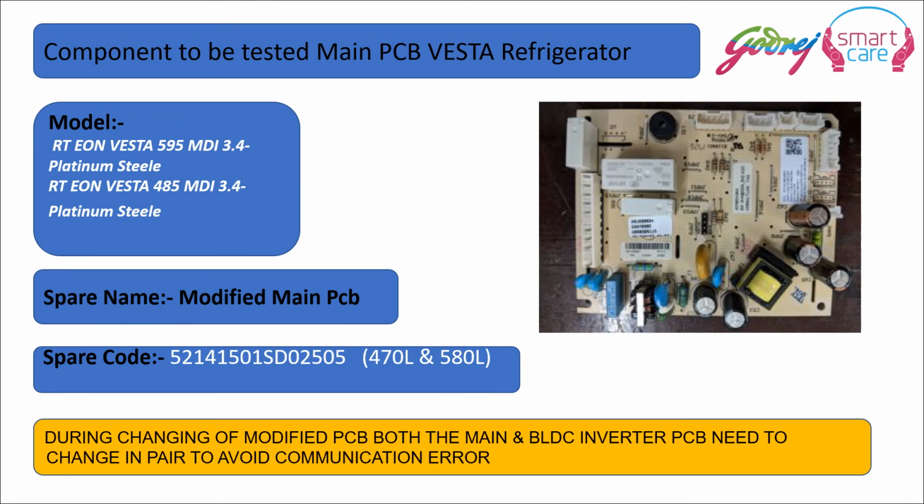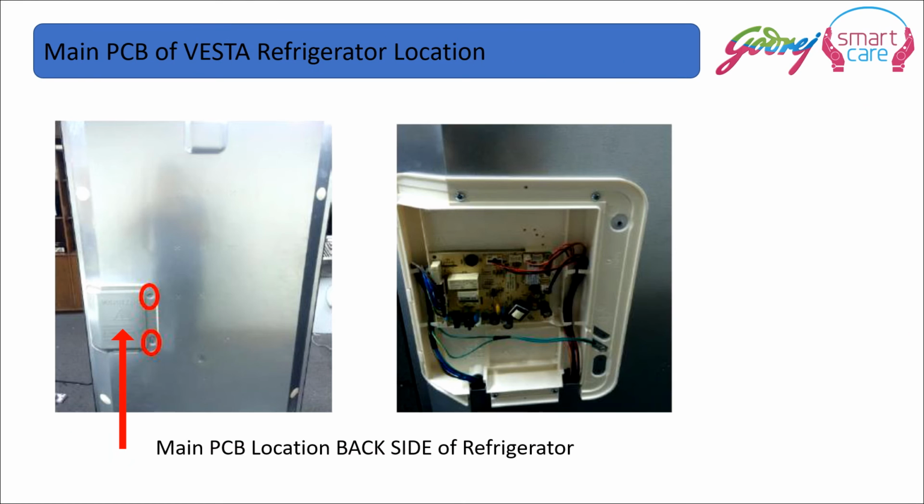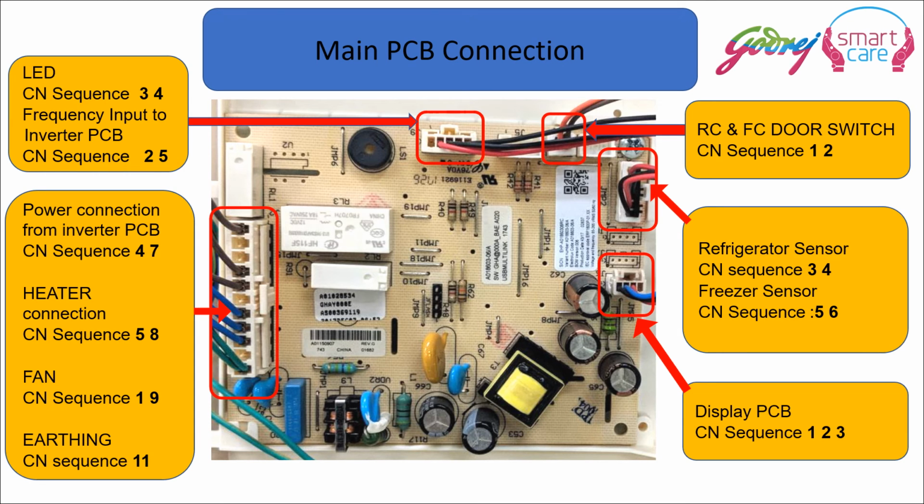Next we come to the Vesta PCB. The main PCB is located at the back side of the refrigerator, like this, inside an enclosure. In the Vesta PCB, you can see there are various terminals.